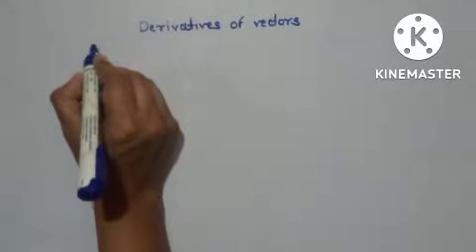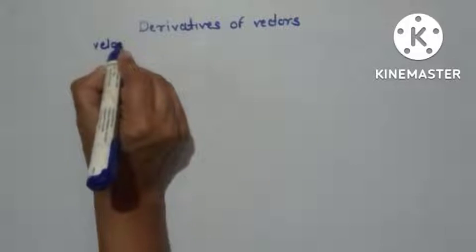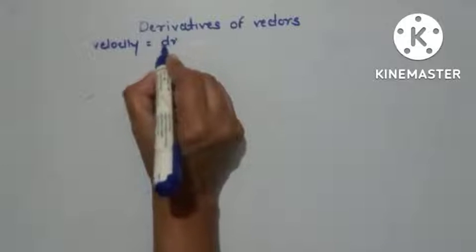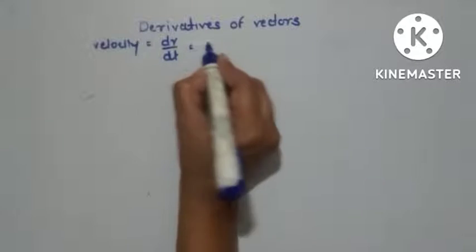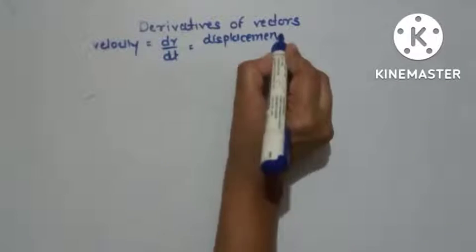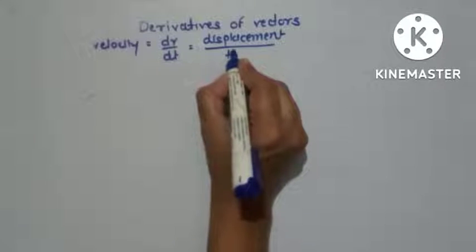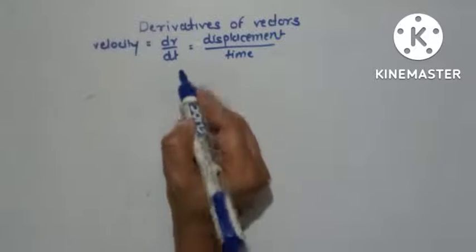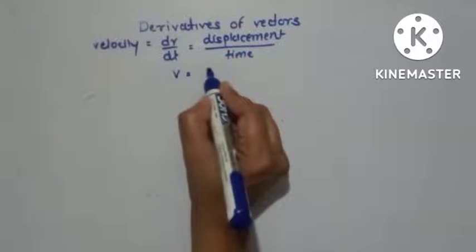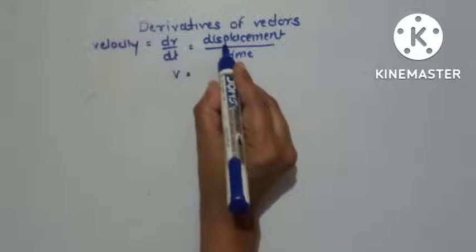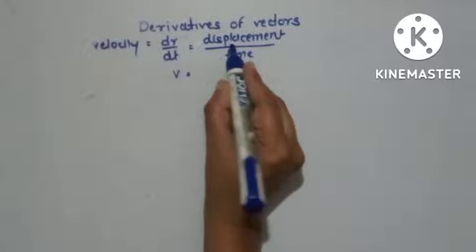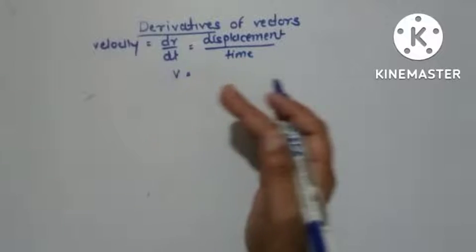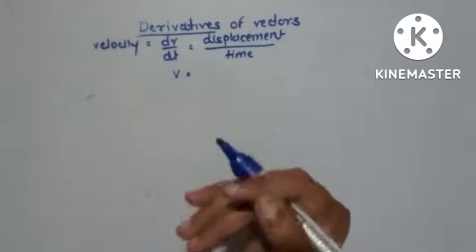For example, velocity can be defined as dr upon dt, which is nothing but displacement upon time. This means that the velocity is nothing but the derivative of the displacement with respect to time. Derivatives mean the dependency of one physical quantity on another physical quantity.